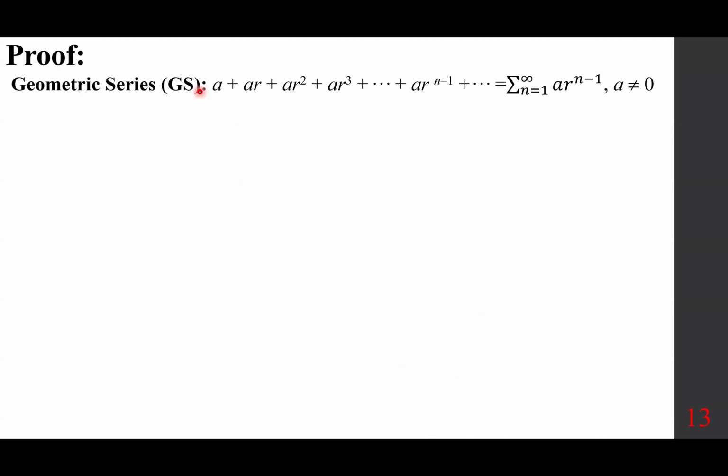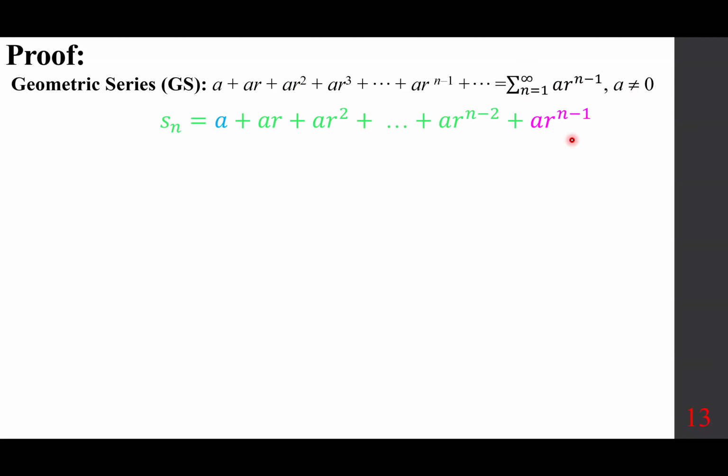In the case of a geometric series, we add up a geometric sequence, we call it series. So a plus ar squared, or summation of a r to the power of n minus 1, n equals 1 to infinity, a can't be 0. So if we are adding the first n terms, we call it S sub n, the first n terms.